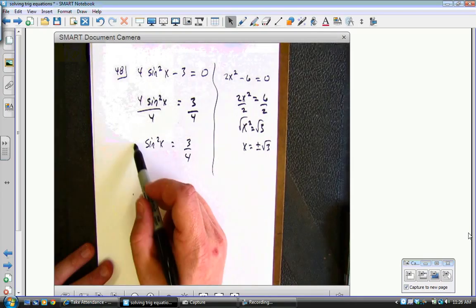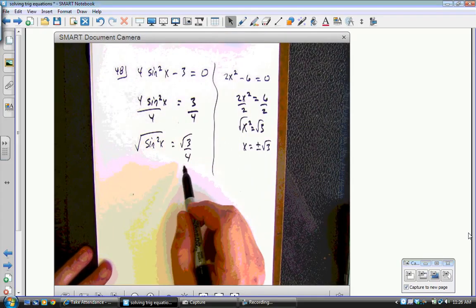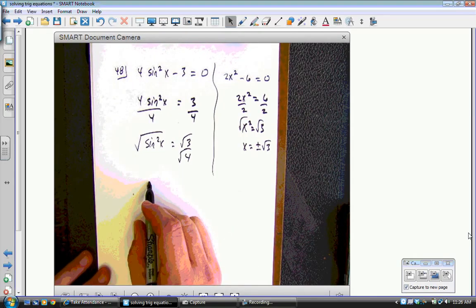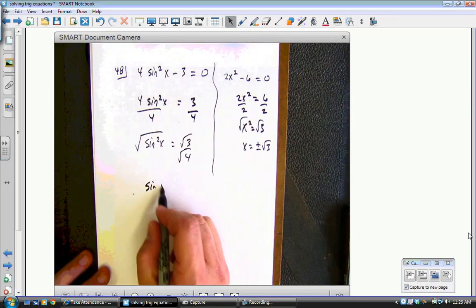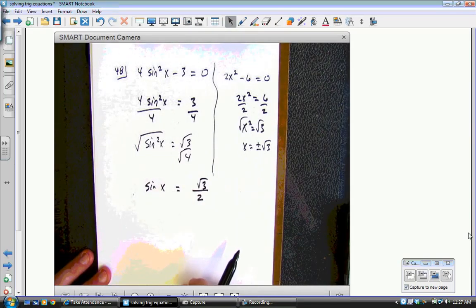And then square root. Now we got to do the square root of a fraction. So I'm going to get mad and cry and go home. No. How do we do the fraction? Just do the numerator and the denominator. And it works out pretty good in the denominator because that's just going to be 2. Oh yeah, square root of 3 in the numerator. Okay, now this is where I'm afraid you'll mess it up. Hang on.